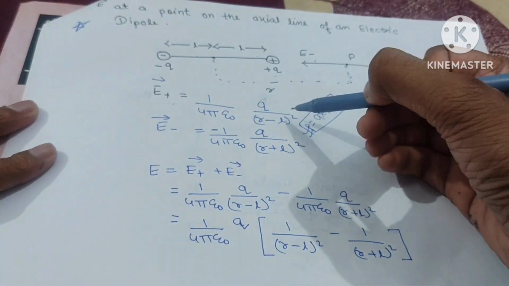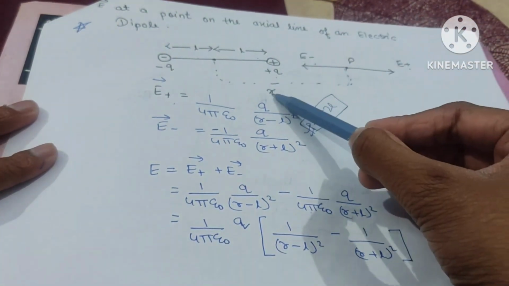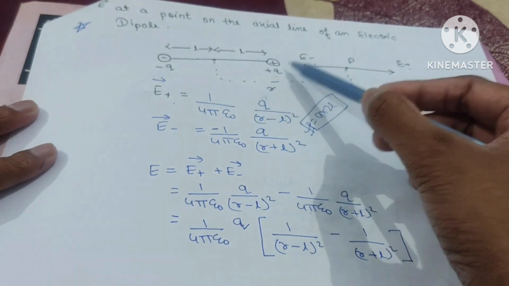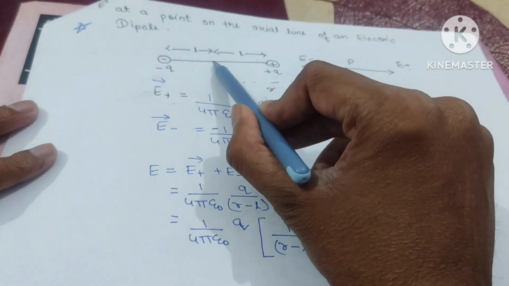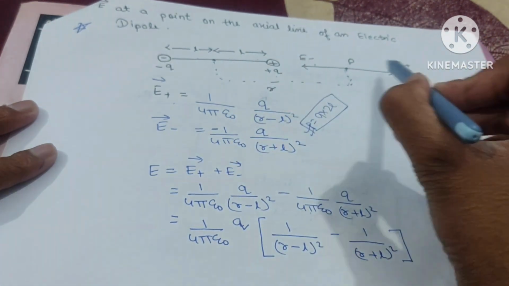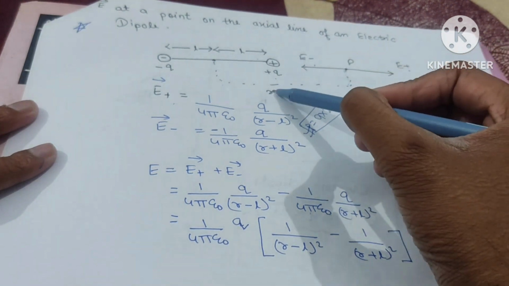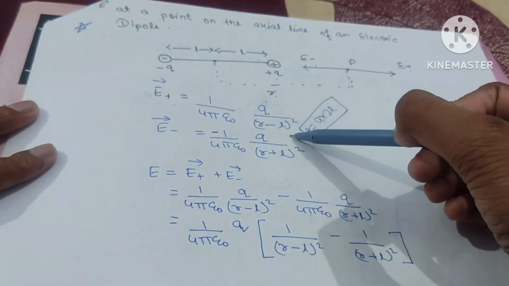So E plus is equal to what? If you are finding E plus, it would be 1 over (r minus l) squared. Why? Because from this part to this part, r minus l is the distance, so we take the square.